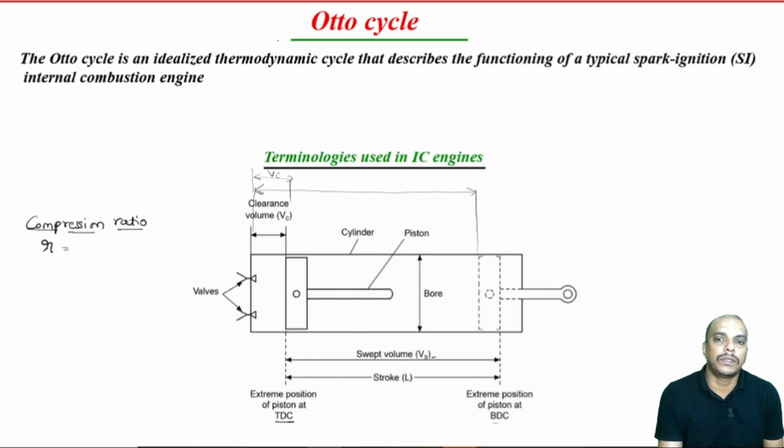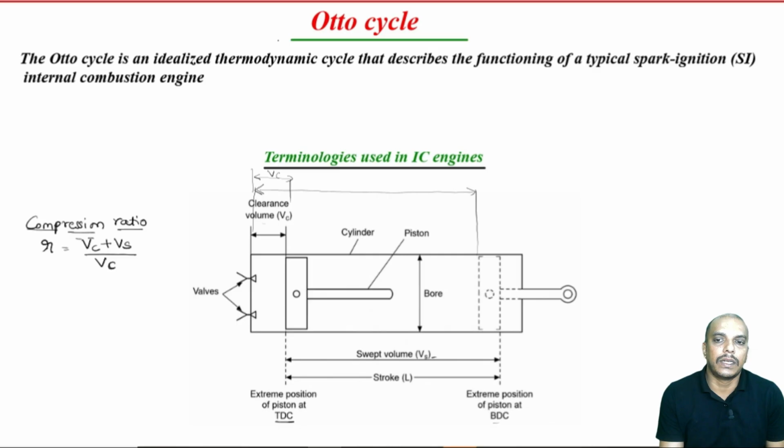So, the compression ratio here will be the total volume divided by the clearance volume. Now, the total volume will be clearance volume plus swept volume. So, clearance volume plus swept volume divided by clearance volume. This will be our compression ratio, and it is a very important design parameter because we derive our efficiency in terms of compression ratio, since this is what will be in the designer's hand.